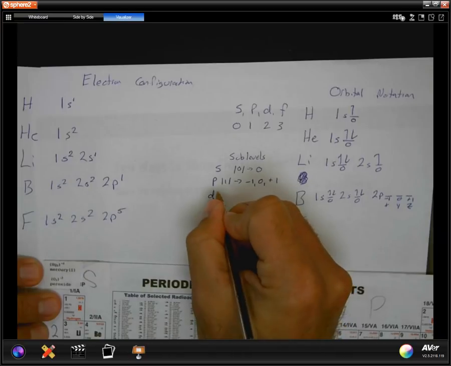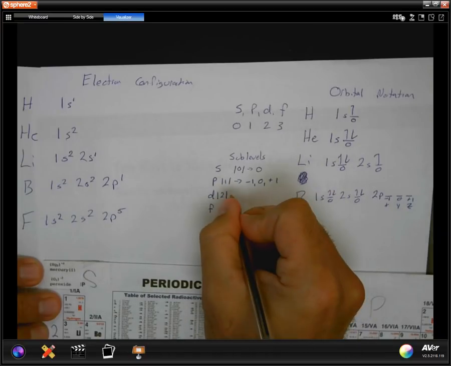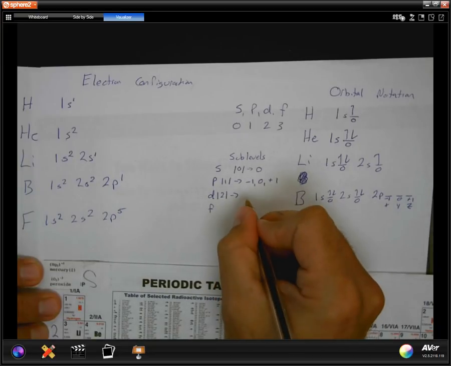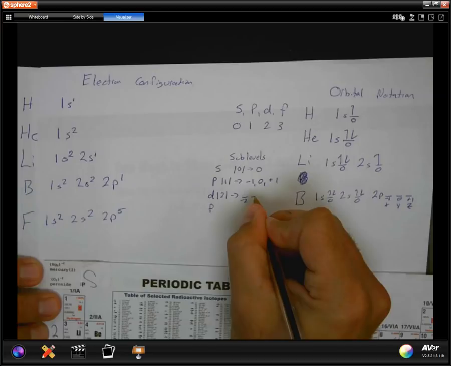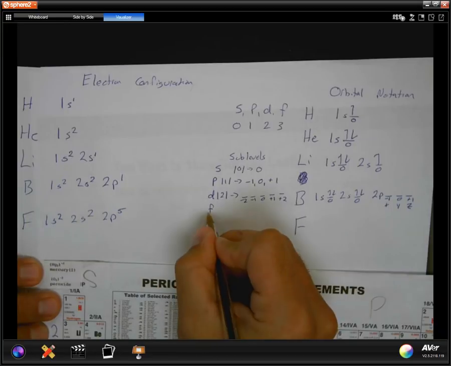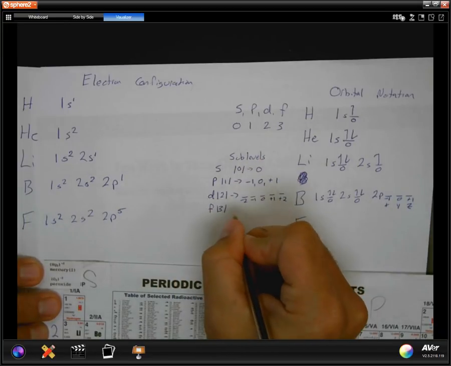So when I look at D, I take the absolute value of D, and I see that my sublevels that you're going to get to when we get to the D would be -2, -1, 0, +1, +2. When I look at F, F is 3, so what's the range of the absolute value of 3?